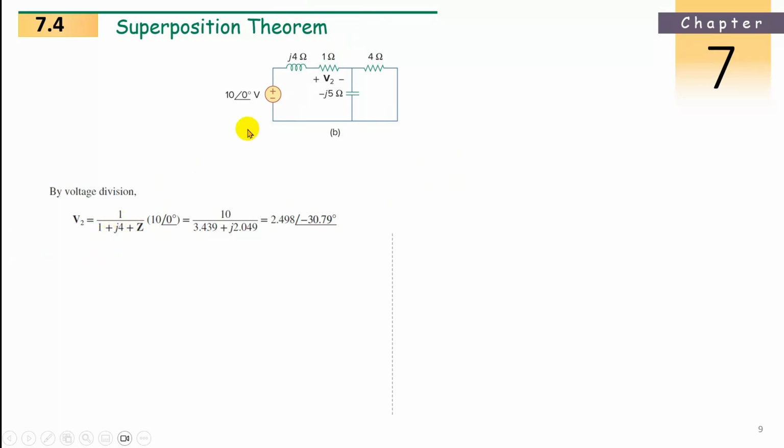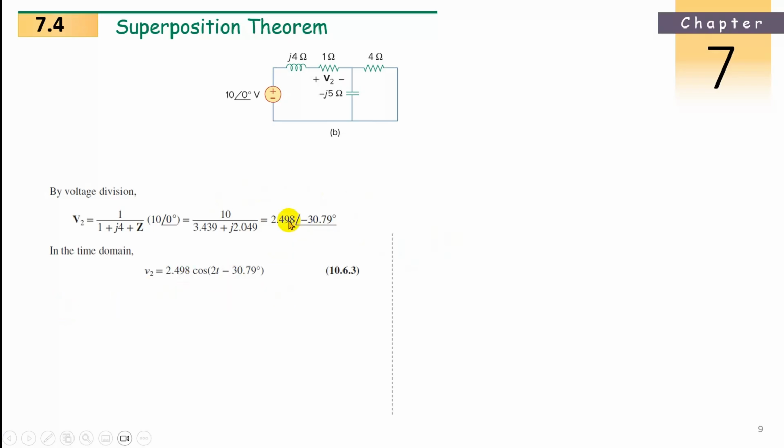So what is the total resistance now? 1 plus J4, and this parallel combination result, already we have, that is Z. So join this 1 plus J4 with the Z in rectangular form, then divide with the 10 at an angle 0. So it becomes 10 by 3.439 plus J2.49, which is equal to 2.498 at an angle minus 32.79 degrees.